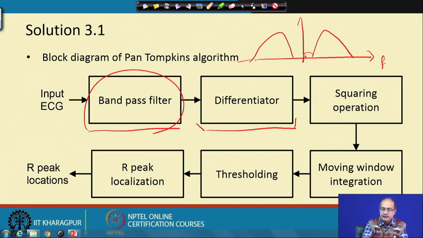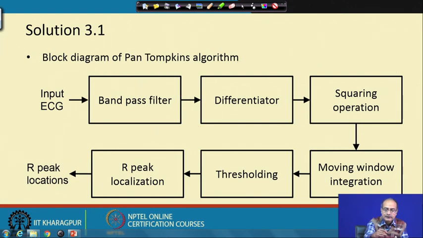First, this region we are eliminating to avoid low frequency artifacts, like baseline wandering, and the cutoff frequency is chosen in such a way that the high pass band will not only take care of the high frequency noise, it will also eliminate the power frequency noise. So, that is the purpose the band pass filter serves, then followed by the differentiator, and after that comes the squaring operation.